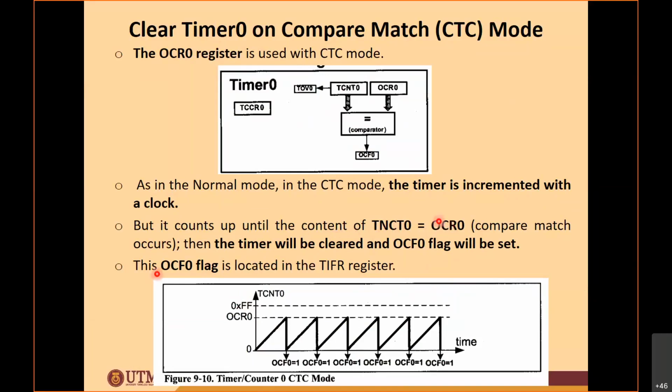Once the TCNT value equals your OCR value, the timer will be cleared and the OCF0 flag will be set. This OCF0 flag is located inside your TIFR register. So this CTC you can run periodically, compared to overflow which only runs one time unless you call it again. So you can do it repeatedly.